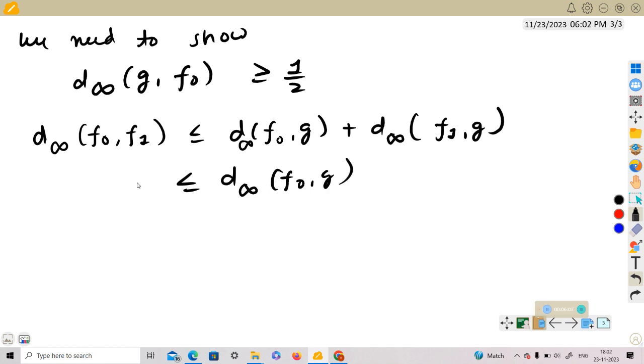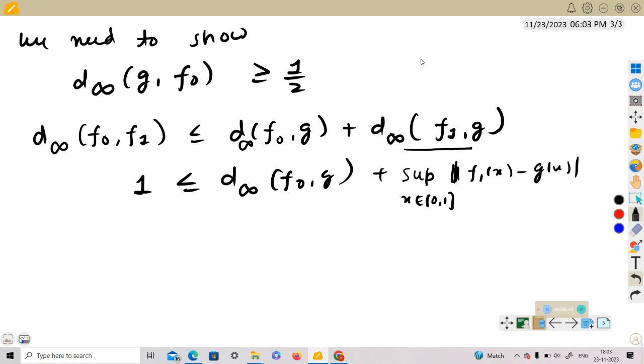We have calculated the left side is 1. And what about f1 and g?